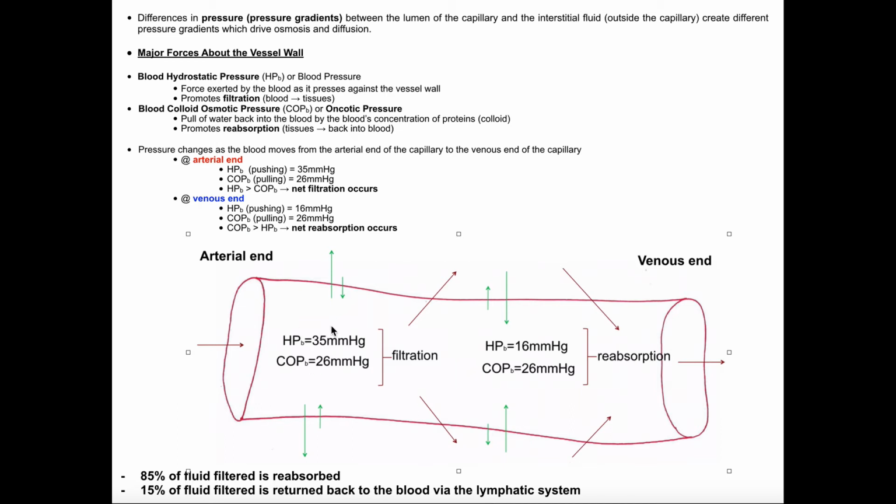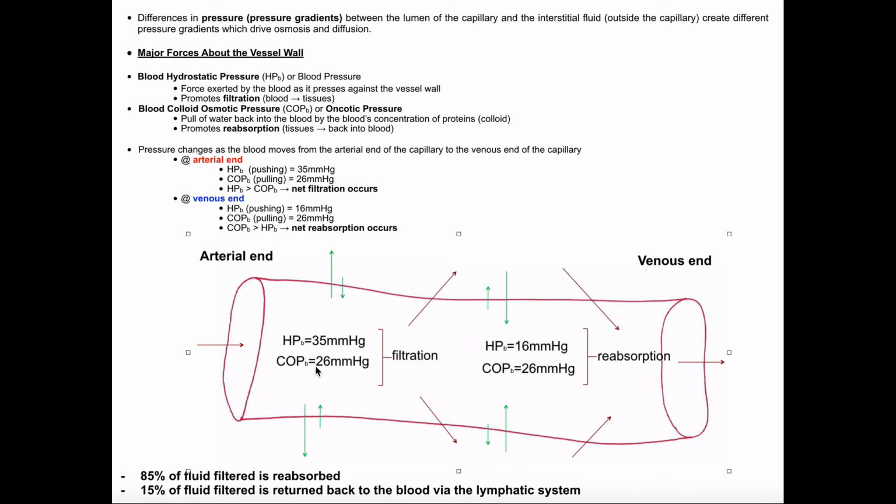Now let's look at the arterial end. Which one is greater? Well, just looking at these numbers, it's clear that the hydrostatic pressure is greater. And which direction does the hydrostatic pressure want to force fluid? Well, it's exerting a force from the capillary to outside in the interstitial area. So this hydrostatic pressure is going to want to force fluid from the blood into the interstitial area, in this direction.